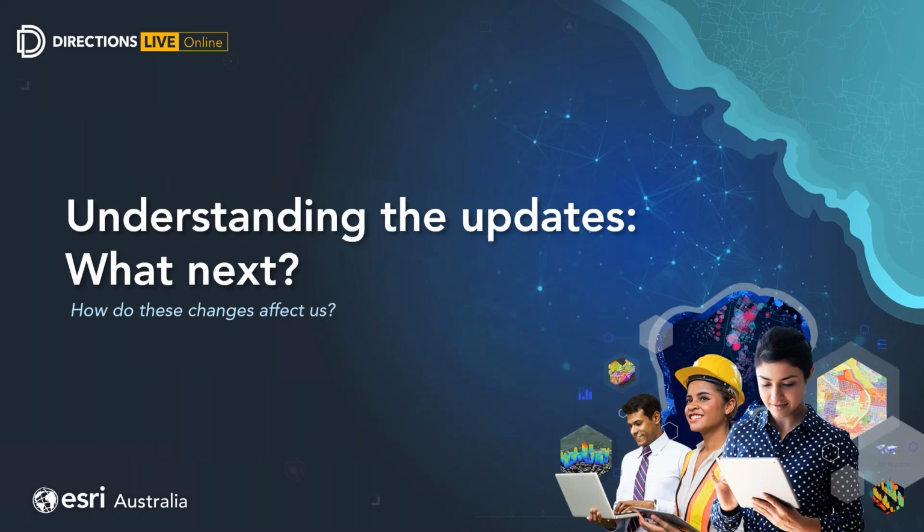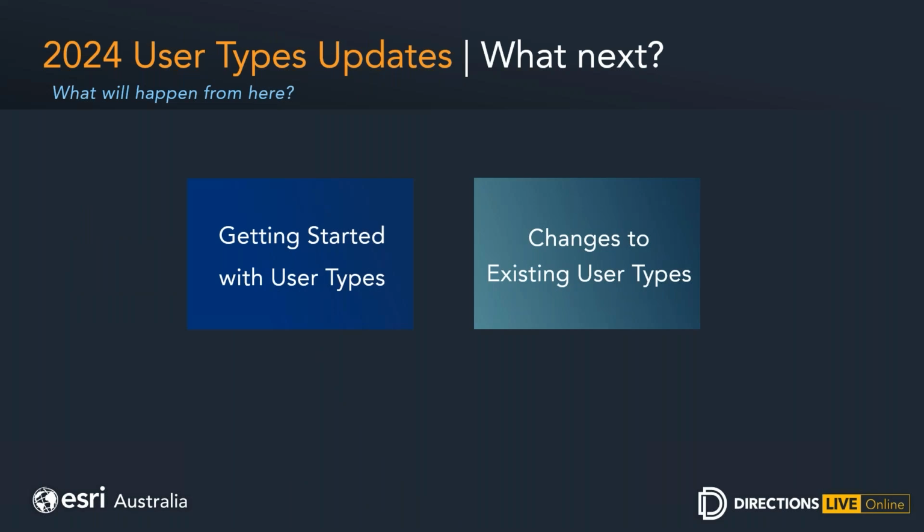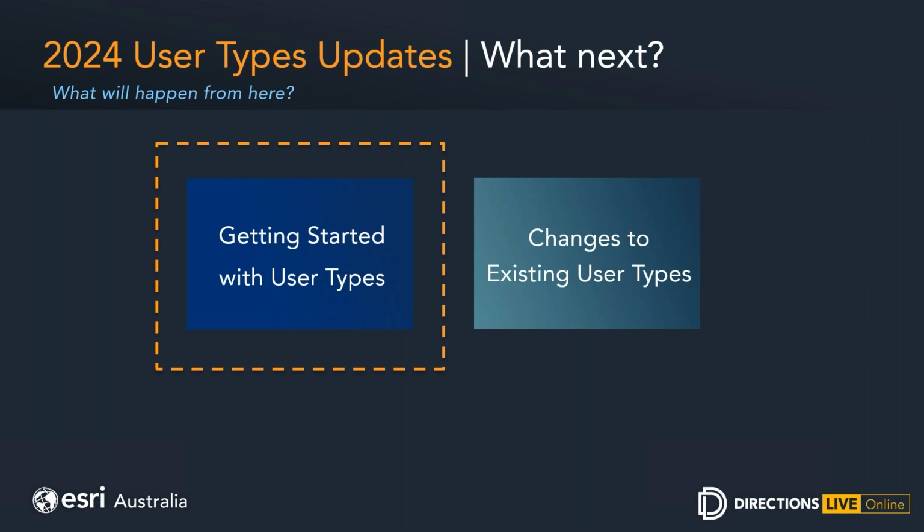At this point, we've looked at what the updates are, when they're happening and why, and now you're probably wondering, what will these changes look like in the ArcGIS system? This will depend on whether you're just getting started with the new users or if you're already managing existing users.